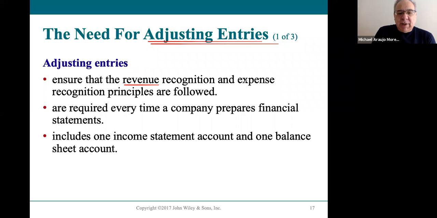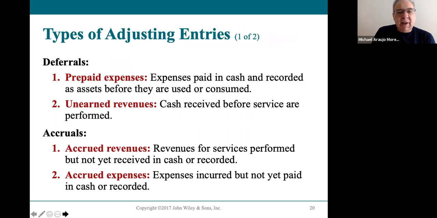Make sure all the revenues and expenses are accounted for so their financial statements are as rock solid as they can be. Okay. And again, we're going to be focused on this coming up next class. The first thing you're going to be introduced to in learning objective 2 are these adjusting entries for something called deferrals.